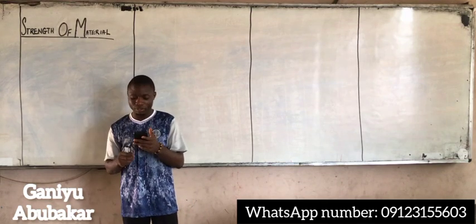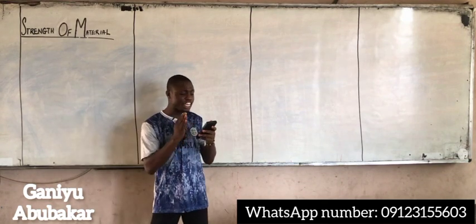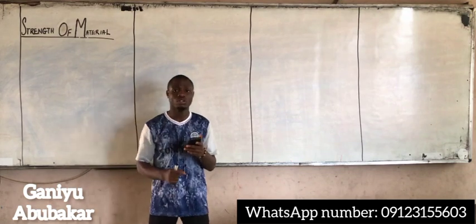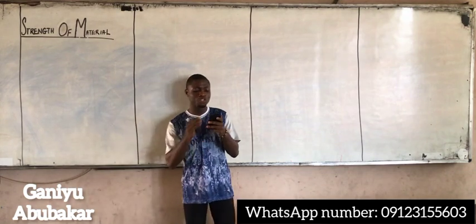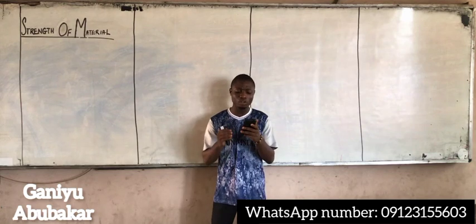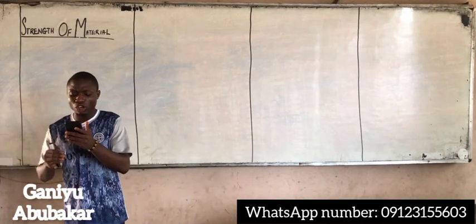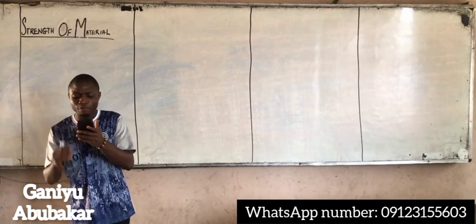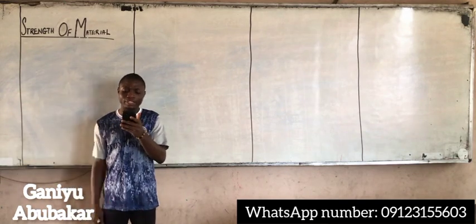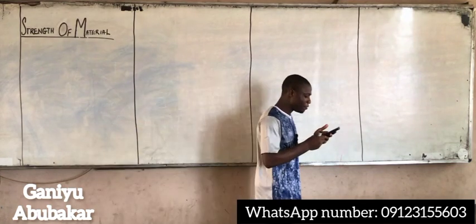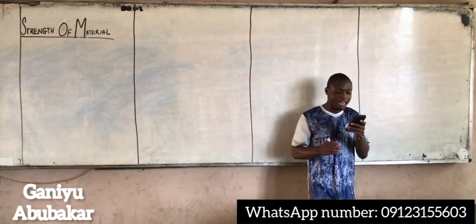Full stop. The length of each end is 200 millimeter long. Full stop. The middle portion of the bar is 15 millimeter in diameter.